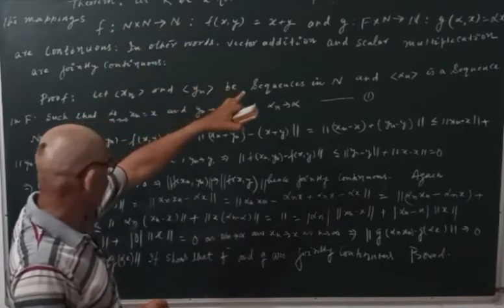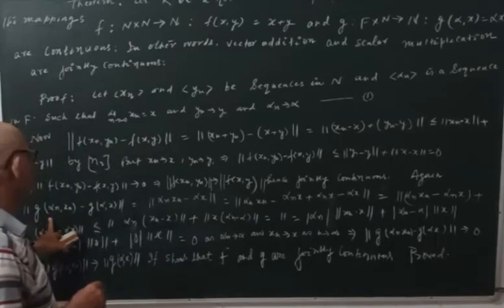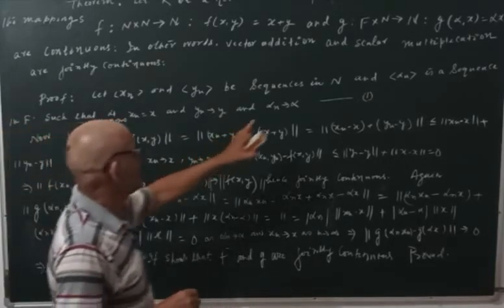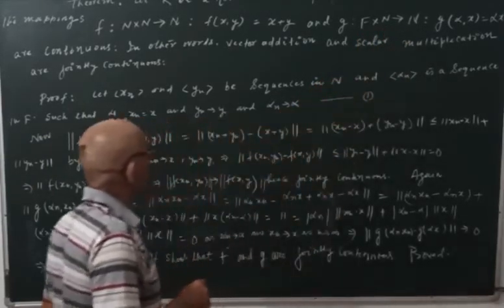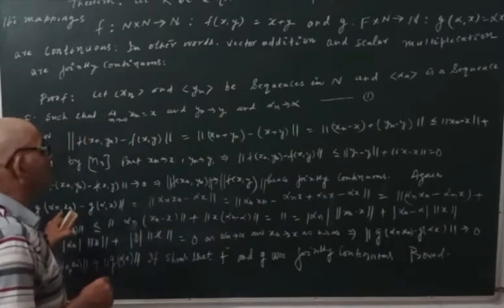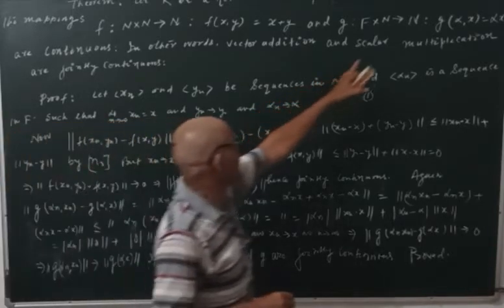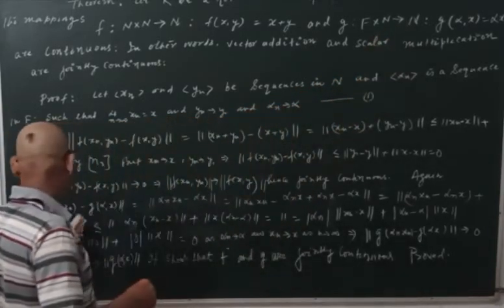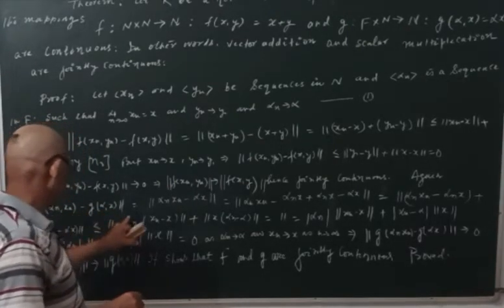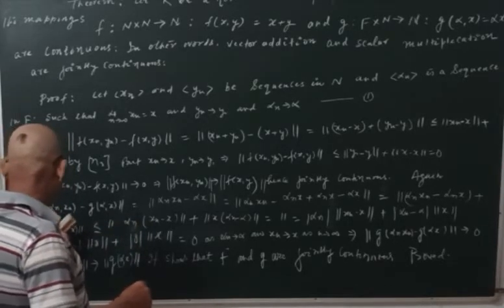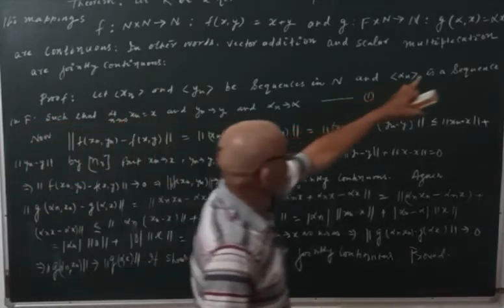Now for the second, the mapping g from F cross N to N. We take one sequence of F and another sequence of N. Here alpha n is a sequence of scalars in F, and xn is a member of the set N. So we consider g(alpha n, xn) minus g(alpha, x) by the definition of joint continuity. But g(alpha, x) is given as alpha into x.